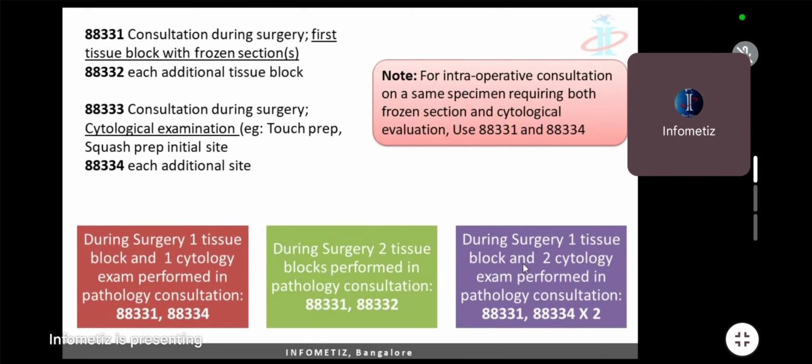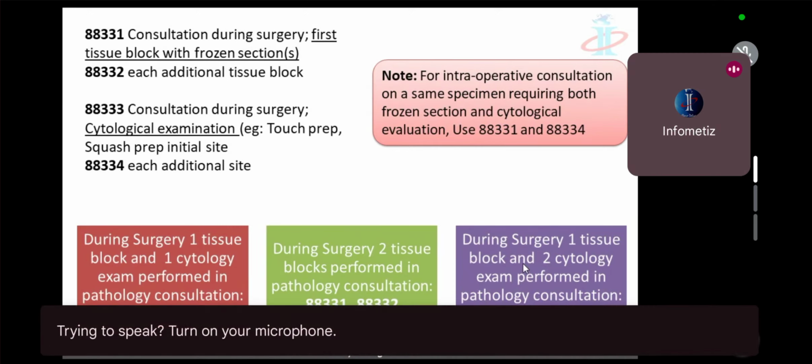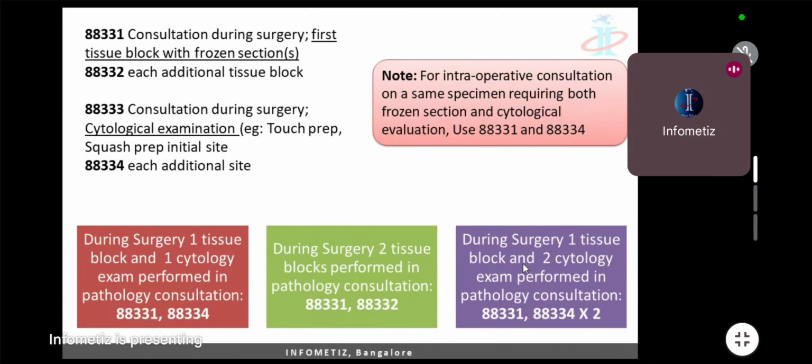Fine. This is a very important and very interesting thing. Check down here. During surgery, one tissue block and one cytological exam were prepared in the pathological consultation. They did not mention that it is two separate specimens, so we consider it the same. So 88331 and 88334 as per our guideline.